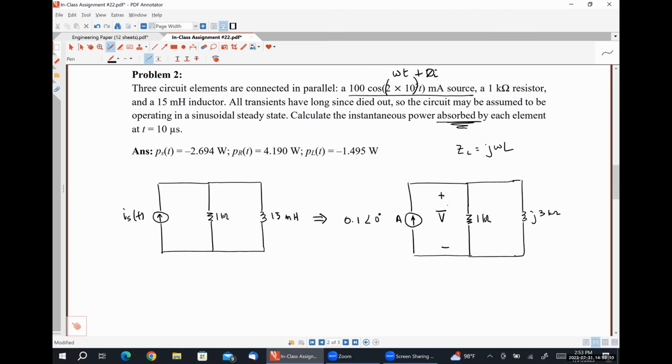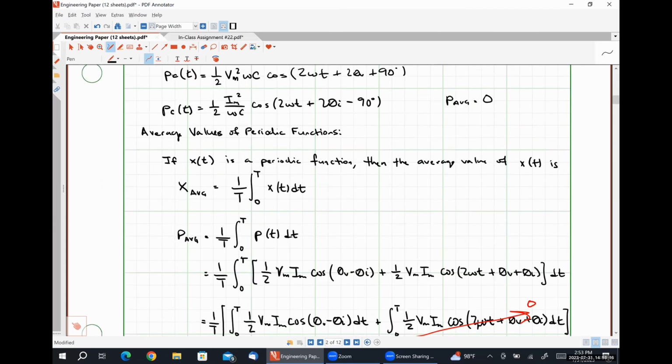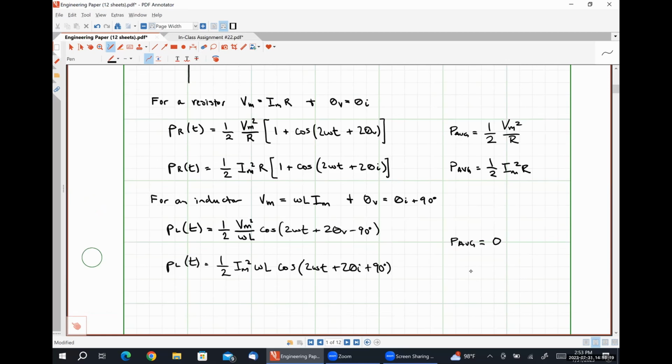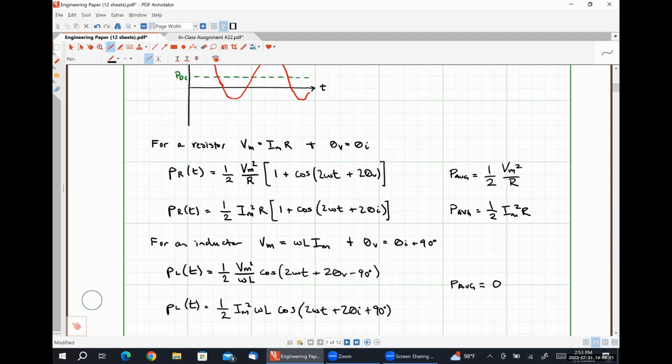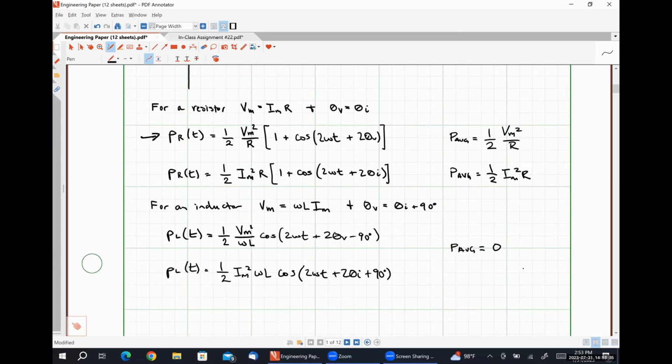Okay, so let me explain my reasoning for that. If we look back at our notes, here, I have an equation for the instantaneous power absorbed by a resistor purely in terms of the voltage, right? Because it's based on the magnitude of the voltage and the phase angle of the voltage.